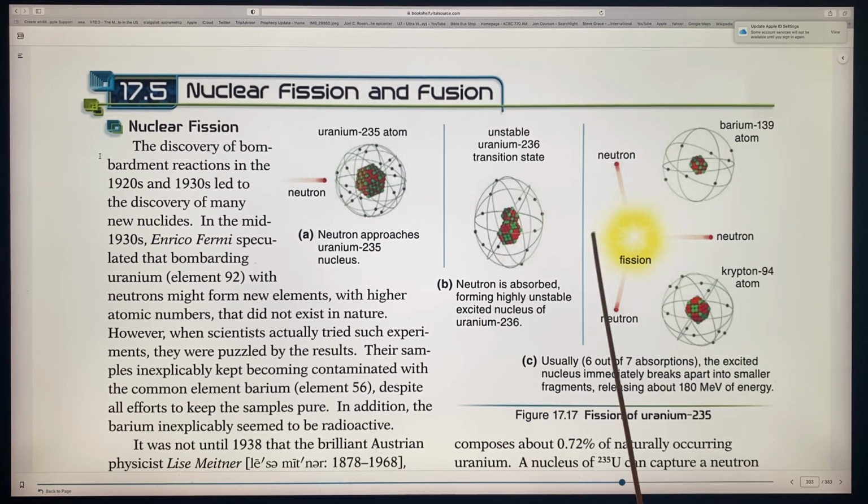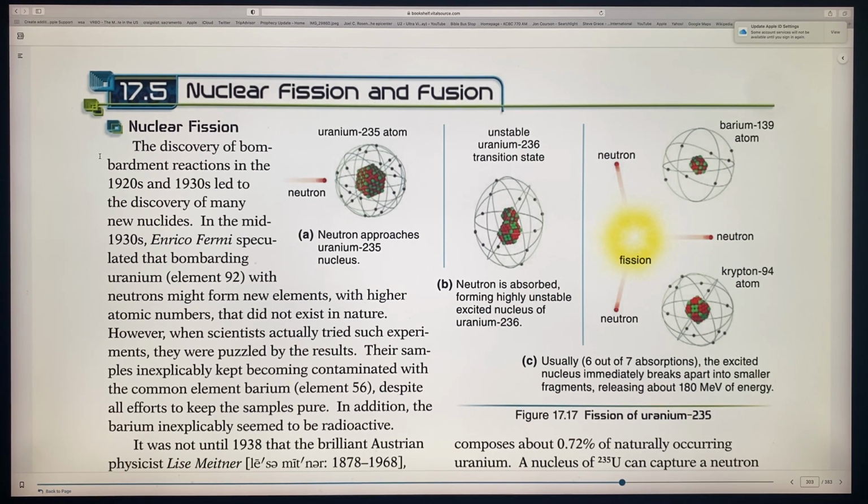As it's splitting, here we have the neutrons, the fission happening in this nucleus, splitting out the neutrons. And as they go, we have a barium atom and a krypton atom, two new atoms that are filled with radiation. You're going to get a lot of radiation. So nuclear fission was a new thing at this time.